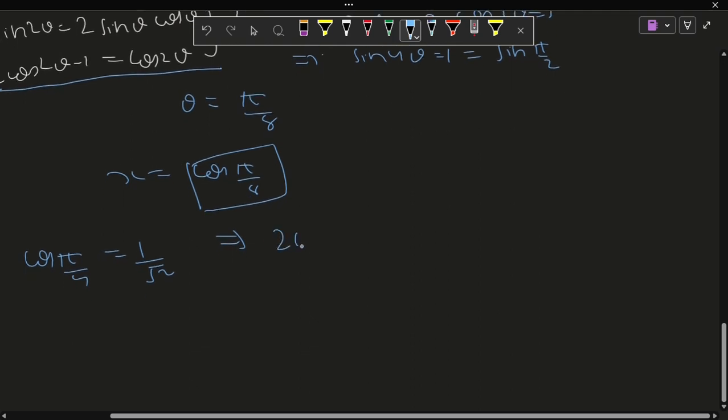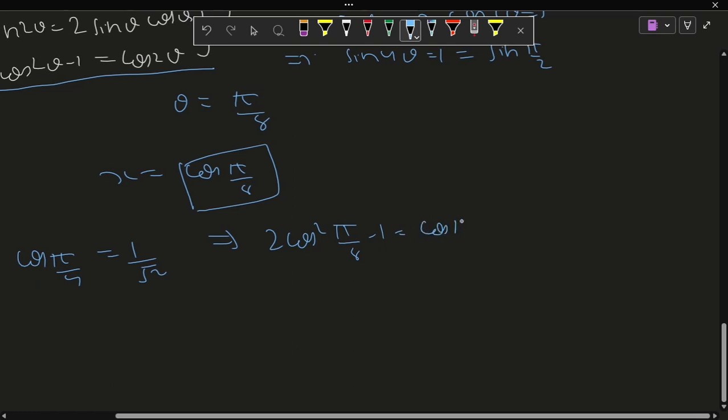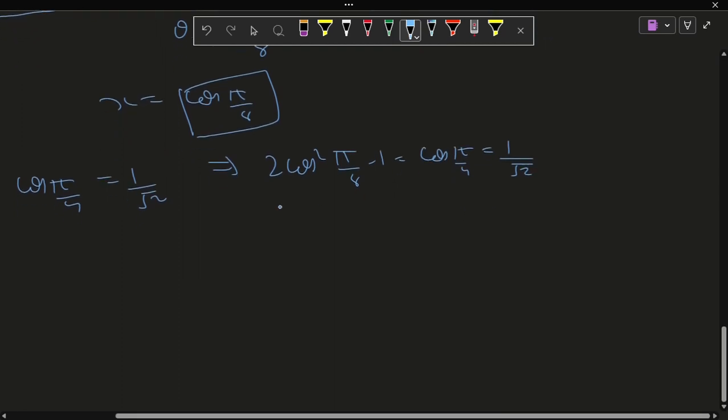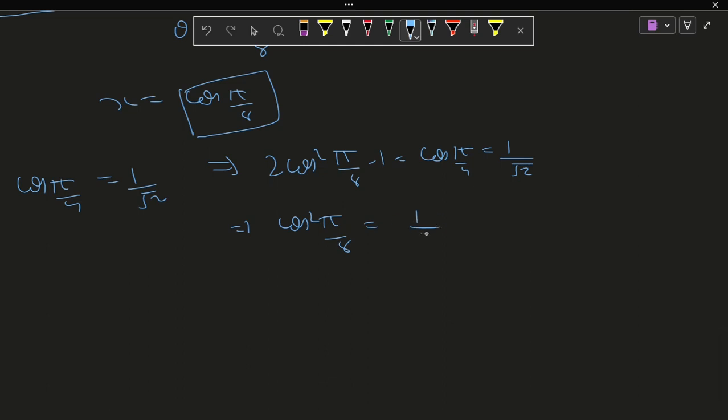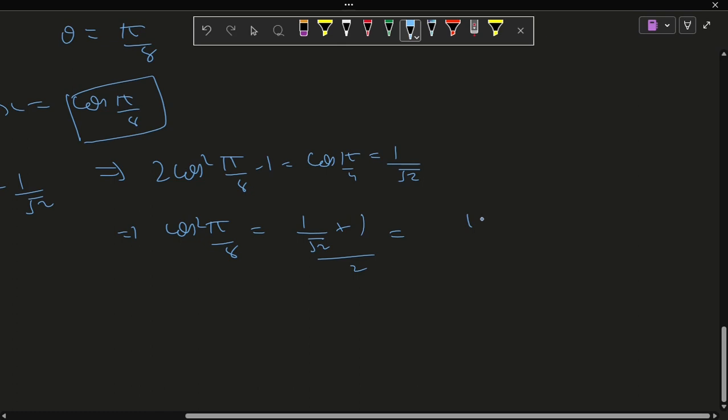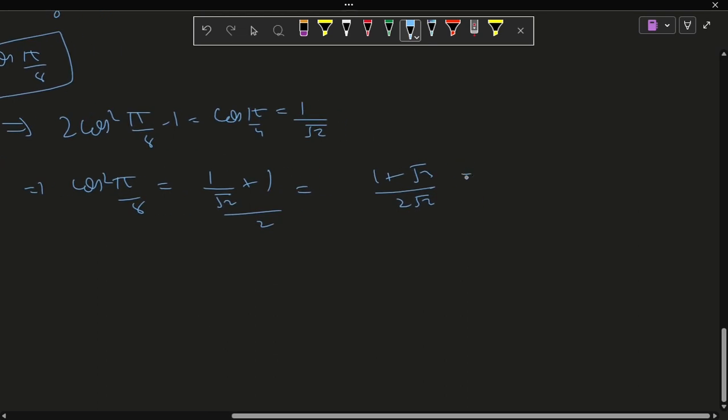So we have 2 into cos square of pi by 8 minus 1 as cos of pi by 4, which is 1 over root 2. So from here we can solve for cos square pi by 8, which is 1 by root 2 plus 1 over 2, which is 1 plus root 2 over 2 root 2, which can be rationalized. We have 2 plus root 2 over 4.